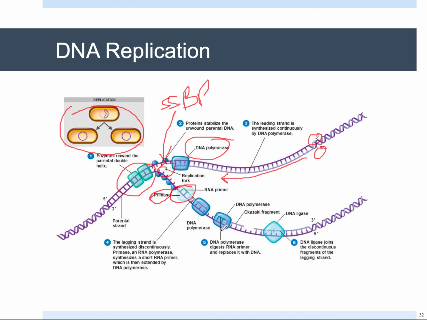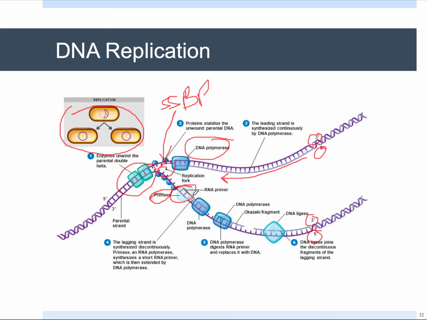However, if we come to this other strand, you have 5 prime here, and so this is 3 prime. Remember, DNA polymerase can only add to the 3 prime end, so the 5 prime end will be here. So on this strand, DNA polymerase cannot synthesize a continuous strand. It does it in bits and pieces.